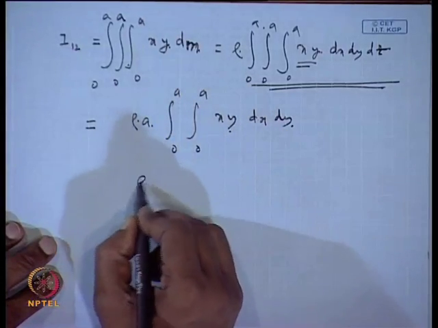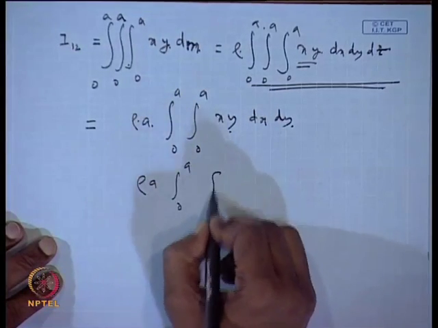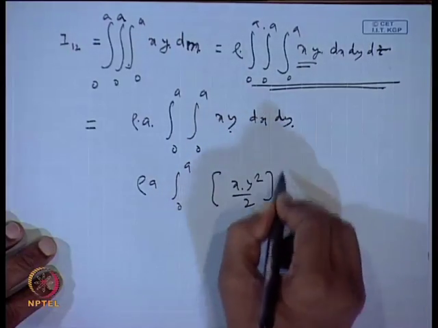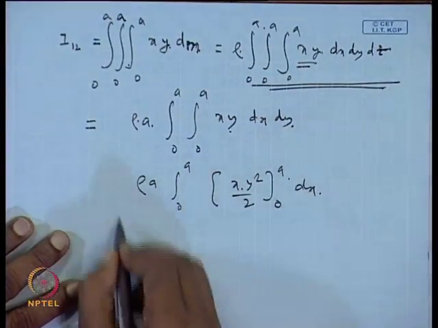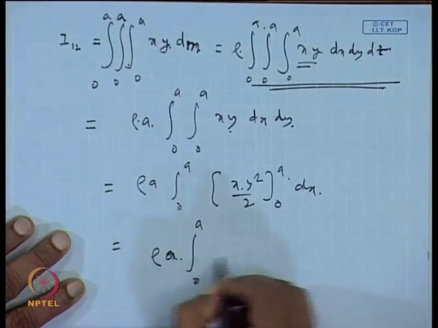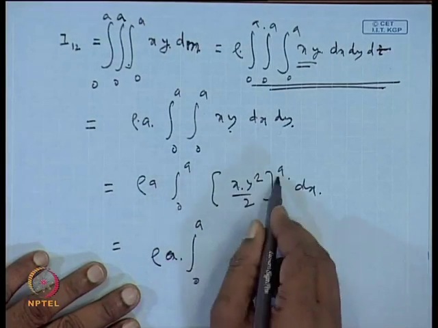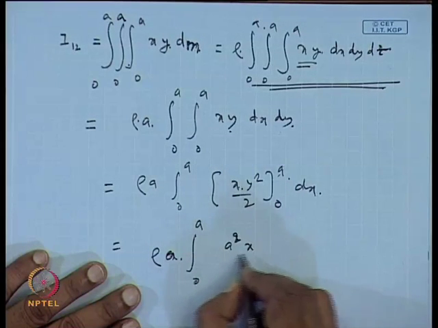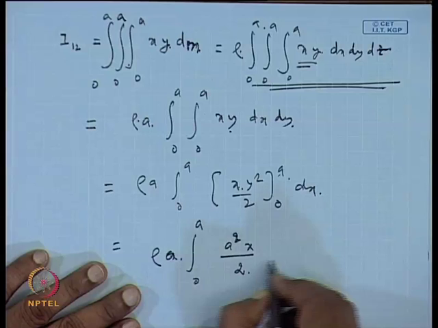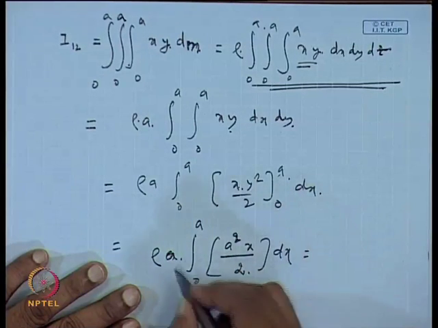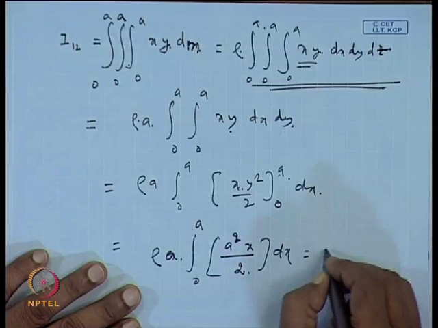So, if we integrate for y, this is 0 to a of x times y square divided by 2, from 0 to a, dx. So, putting these values, what we get here is a square x by 2. a square we can take outside.